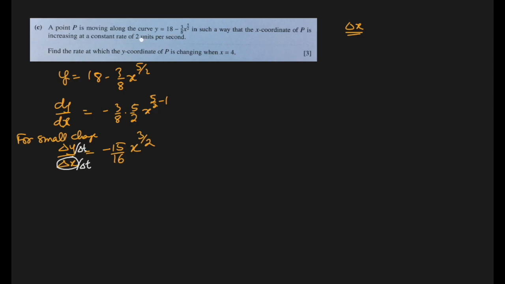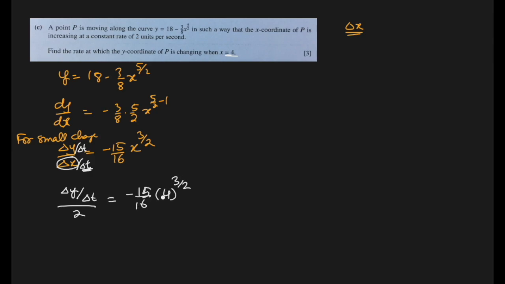They have given 2 units per second. So we have to involve time here. So if I divide delta t up and down, it becomes that one. So I can substitute it now. Delta y over delta t is equal to negative 15 over 16 times 2, and x they have given as 4, to the power 3 over 2. 4 to the power 3 over 2 is 8.